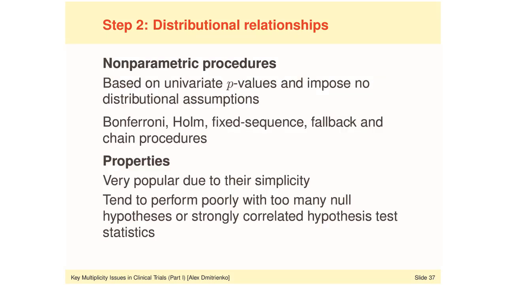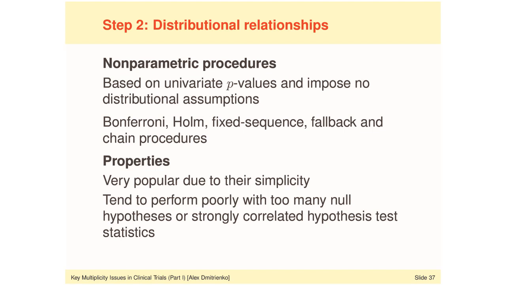Here is a more detailed summary of the three classes of multiple testing procedures, beginning with the class of nonparametric procedures. Nonparametric procedures, as we said, rely on basic probability inequalities, for example, the Bonferroni inequality to control the family-wise error rate, and this is why they do not need to make any assumptions about the joint distribution of hypothesis test statistics.